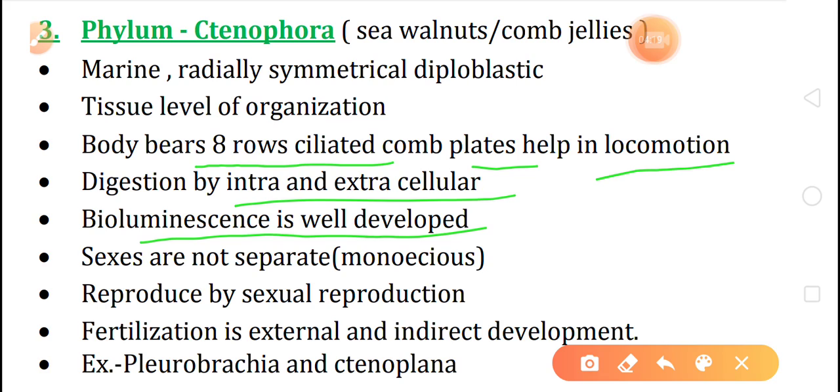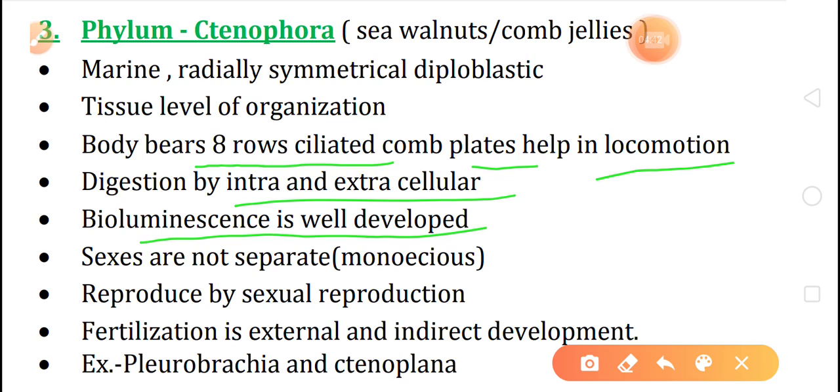Bioluminescence means they have a property in which they emit light. They have the light-emitting property. Clear?